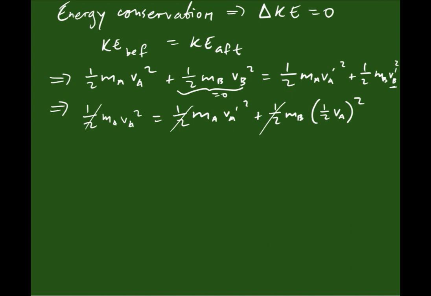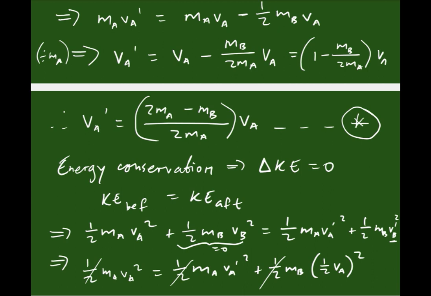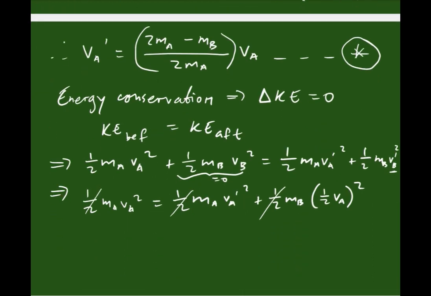And now we know from equation star, we have an expression for VA prime. So what we can do is square that expression for star, and then plug it into this equation we're currently busy with.